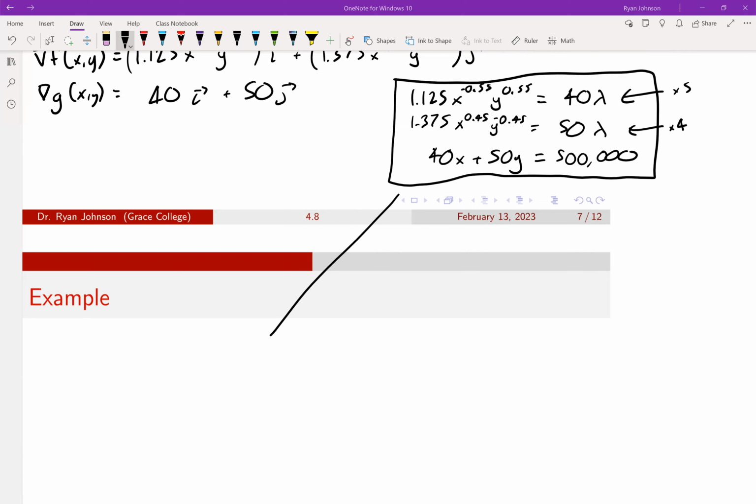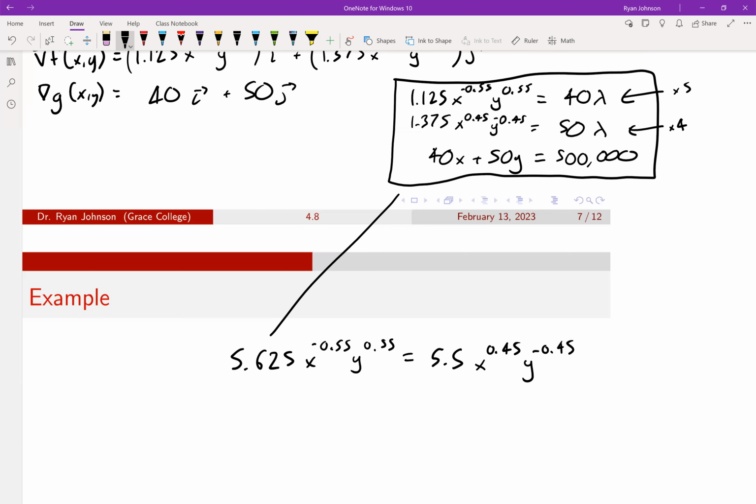So 5.625 x to the negative 0.55 y to the 0.55 equals, and then 1.375 times 4 is 5.5. 5.5 x to the 0.45 times y to the negative 0.45. And then equation 3 is still true. That's just not necessary right now.